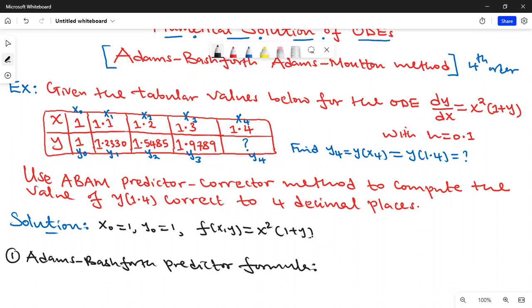Instead of Adams-Bashforth, we can just abbreviate this as AB. So this is the formula.